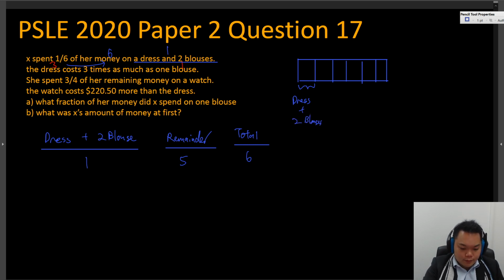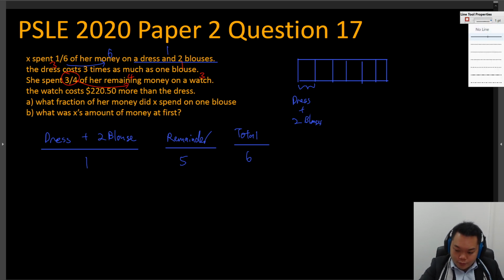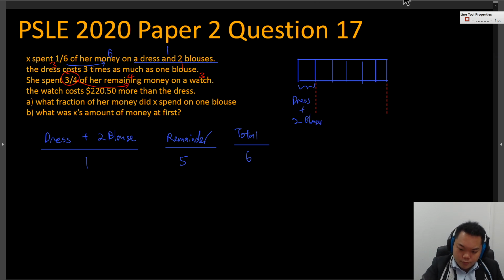Then later on she spent 3/4 of her remaining money on a watch. So from here, if you pull this down, you can split this into 4 equal portions, and 3 of them was spent on the watch.